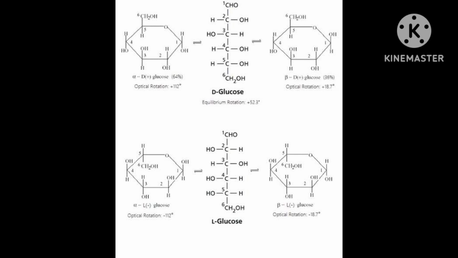The H was already there, but carbon number 1 is positive, so from where did that OH come? As I told you in the beginning, it will form H2O, but that H2O will not go outside. Only the atoms, H and OH, will go, finally in the form of H plus and OH minus.